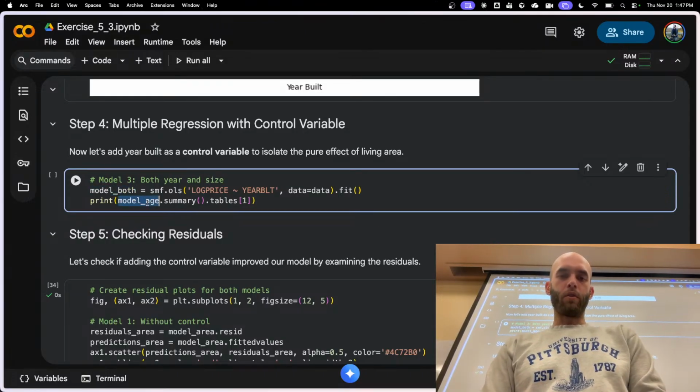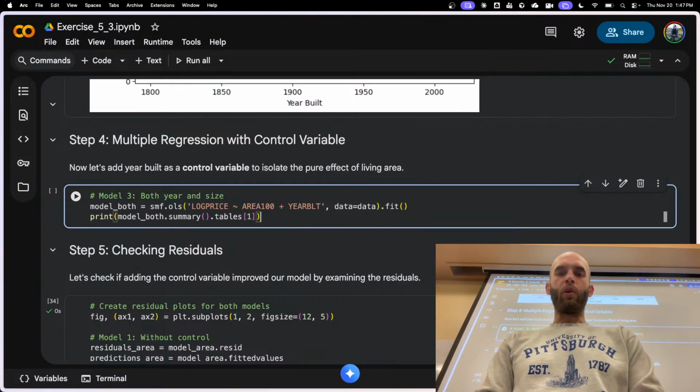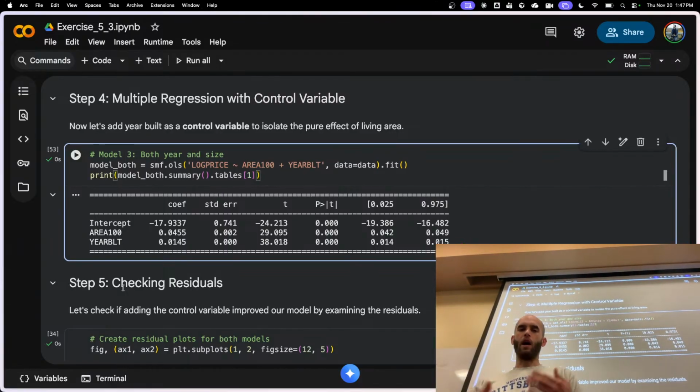So we'll have area 100 plus year built. And then if we run this, this will print off the regression output for our prediction of area, the value of an extra 100 square feet, once we're comparing two houses built in the same year.